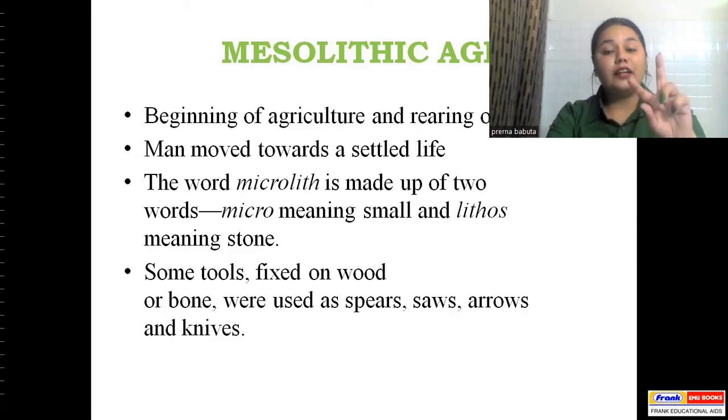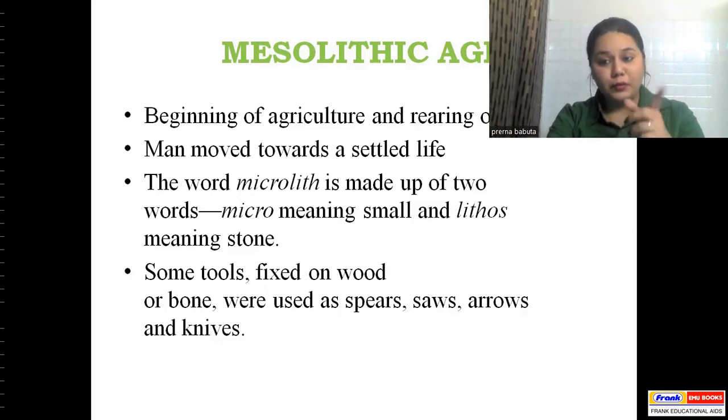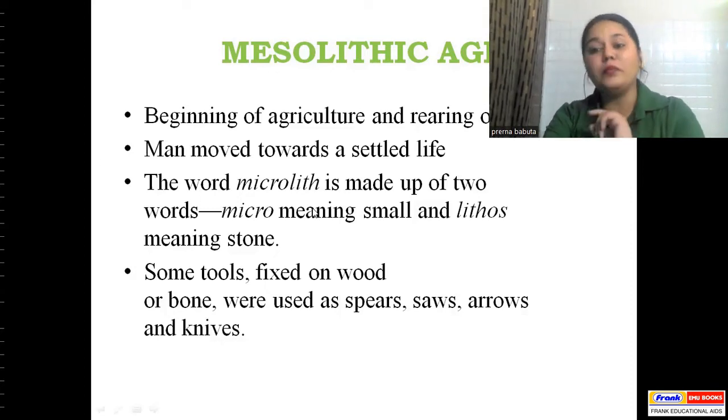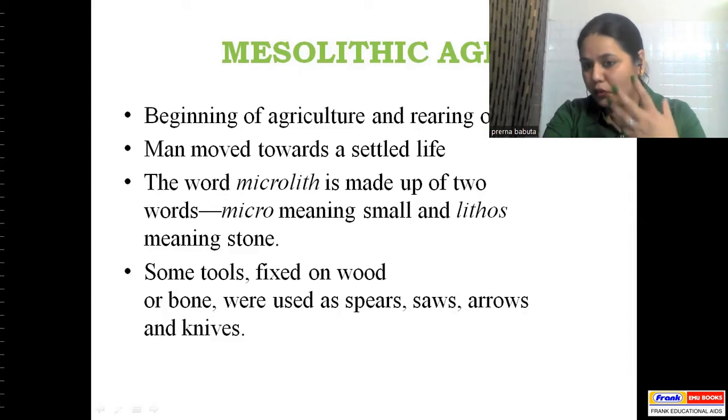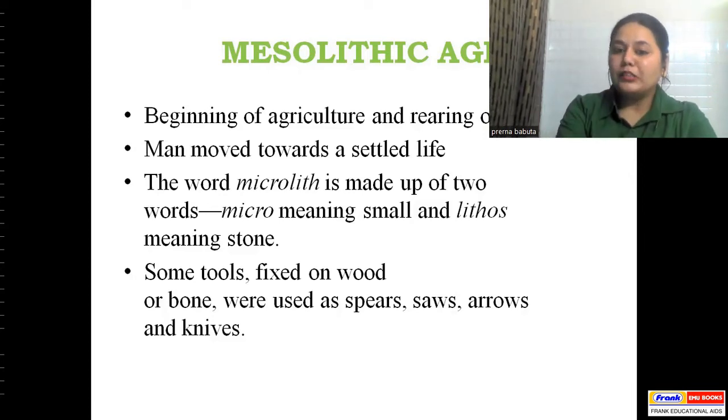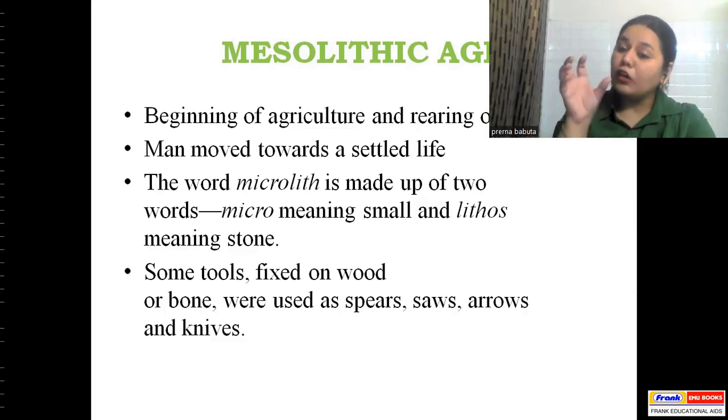Like in the Paleolithic age, we spoke about the fact that the tools were macroliths. Here, the tools were microliths. Lith, we already know, is derived from the word lithos, meaning stone, and micro means small. So basically now small tools.